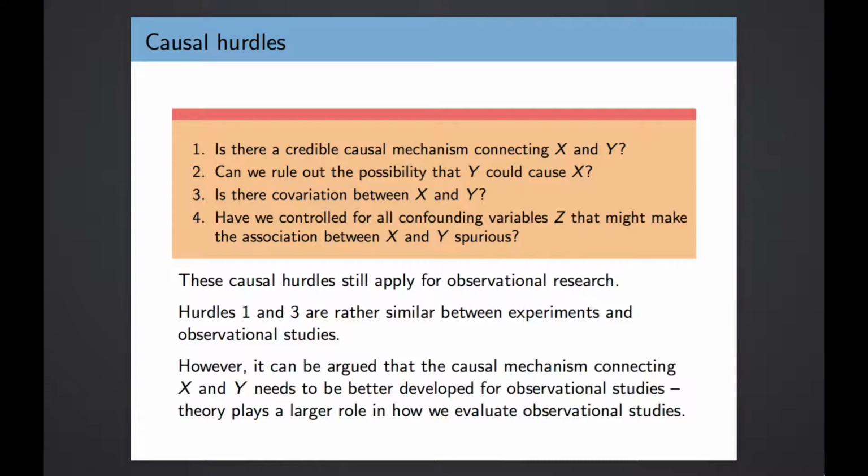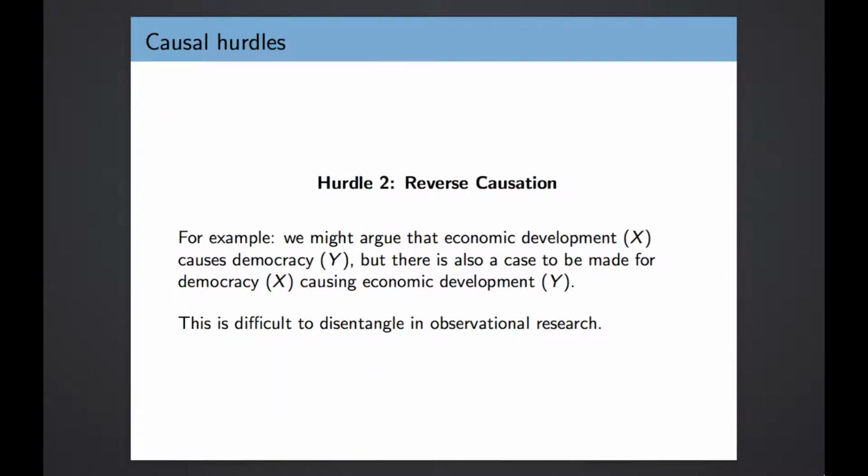The second and fourth causal hurdles pose a bit more of a problem, so let's go through each of these in turn. The second hurdle says that when we have a causal theory that x causes y, we want to make sure that we don't have that story backwards. So we need to rule out the possibility that y causes x.